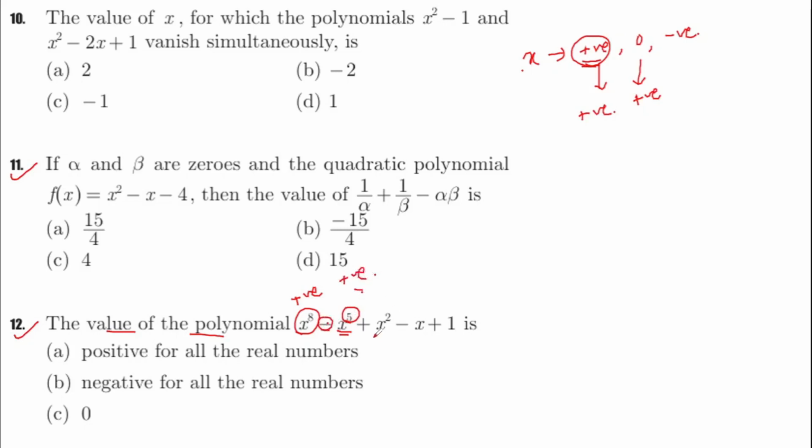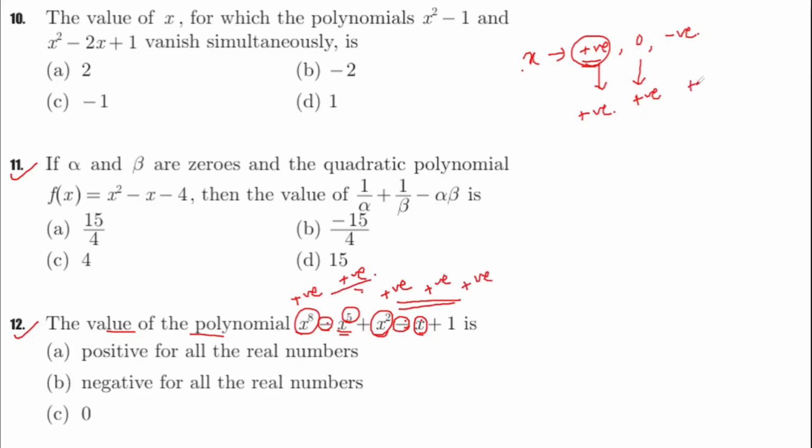For x square, as the degree is even, it will give a positive value. And x will be a negative number with a negative sign before it, so negative and negative give a positive value. And the 1 is also positive. That means the value of the polynomial will be a positive one.